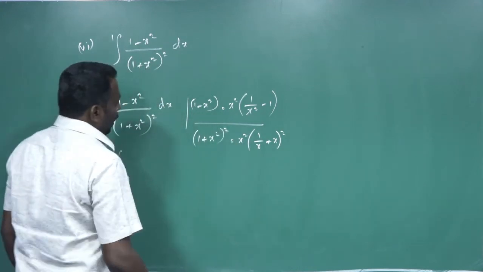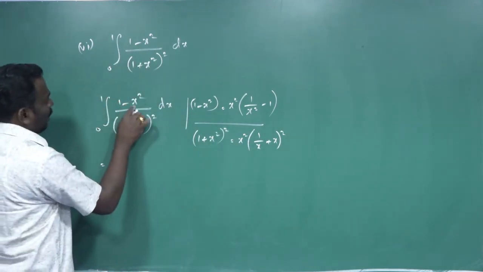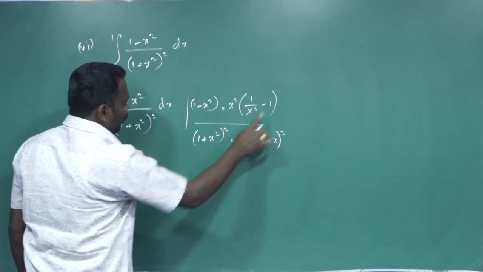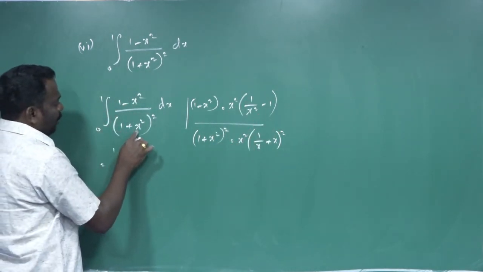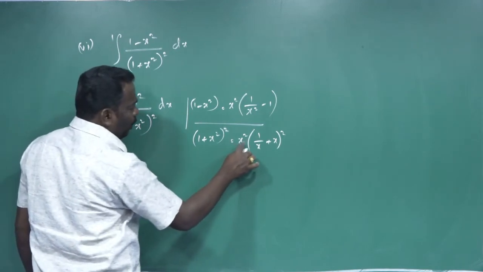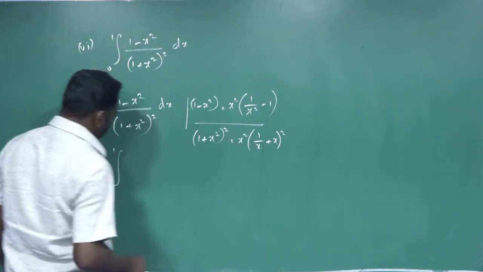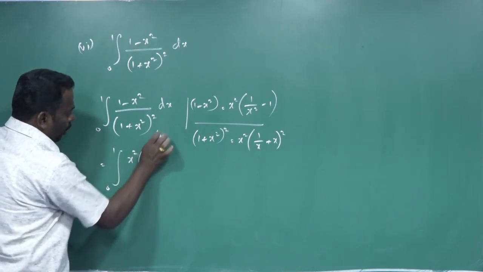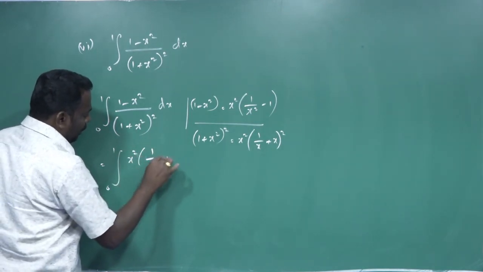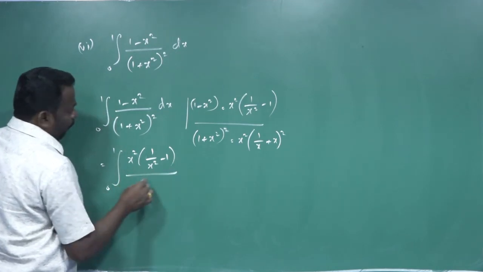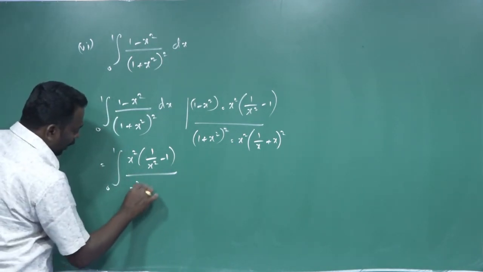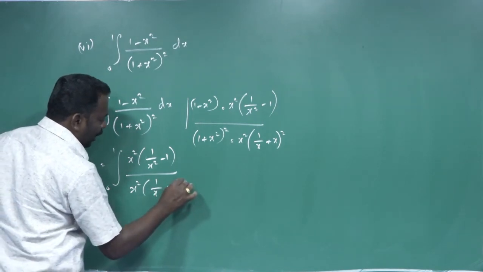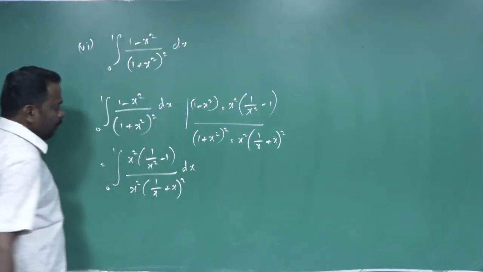Therefore, instead of the numerator 1 minus x square, we write x square into 1 by x square minus 1. Instead of the denominator 1 plus x square whole square, we write x square into 1 by x plus x whole square. Therefore, numerator x square into 1 by x square minus 1, by denominator x square into 1 by x plus x, whole square, into dx.